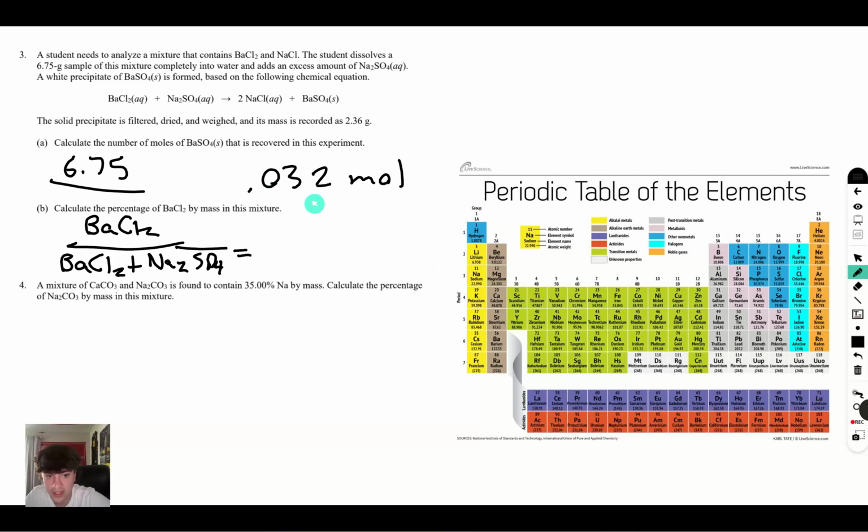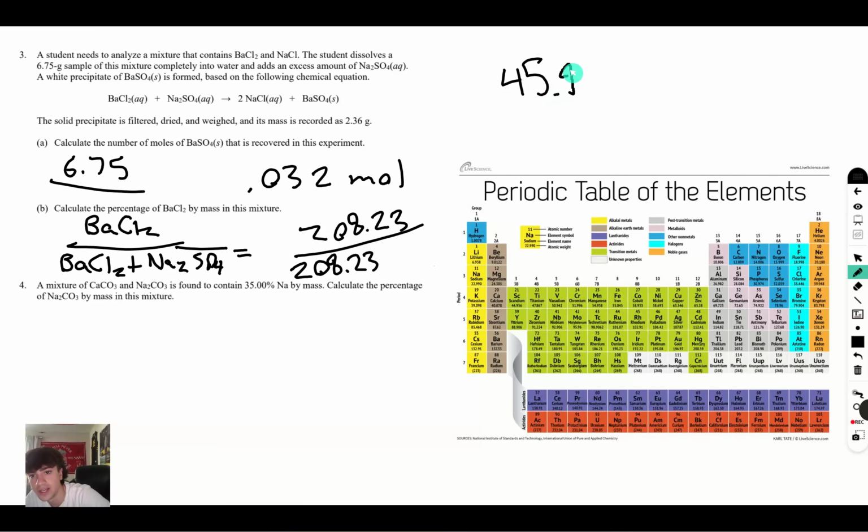We just discovered that the molar mass of BaCl2 is 208.23. We get 208.23 plus the mass of Na2SO4, which is going to be 2 Nas, 45.98, plus sulfur, which is 32.06, plus 4 oxygens, which is 64.